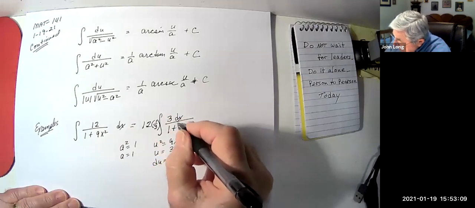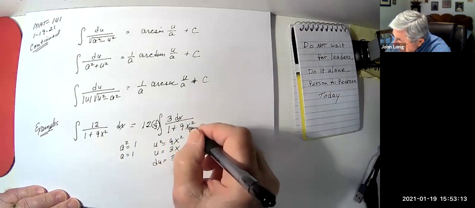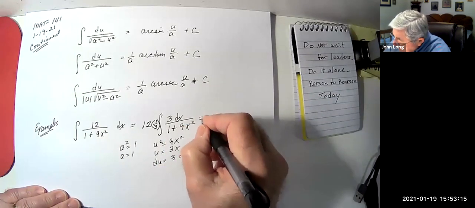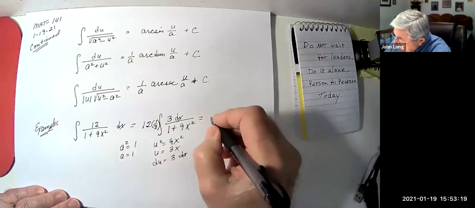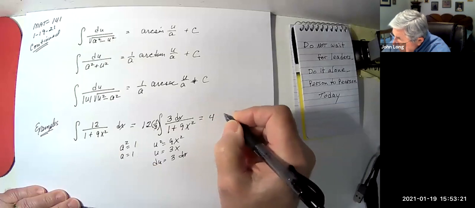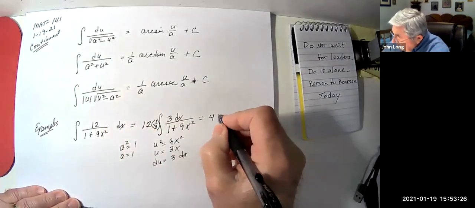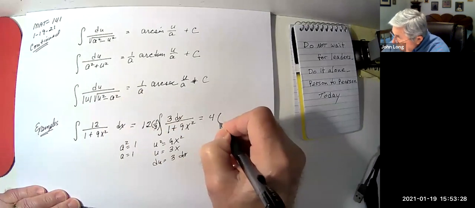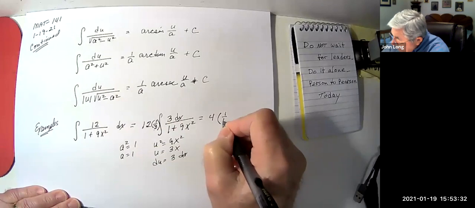The formula is of the form du over a squared plus u squared. And so that still goes. So now we can do the multiplication here. 1/3 times 12 is 4. And now to the integral, we apply this formula. We need 1 over a. Well, what is a? A is 1, so that's 1 over 1.